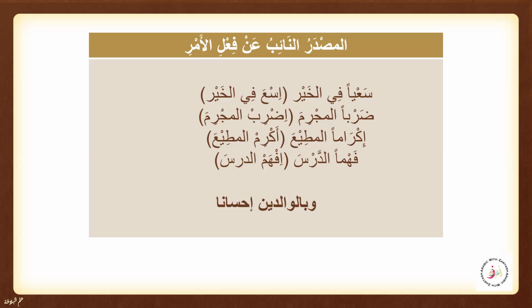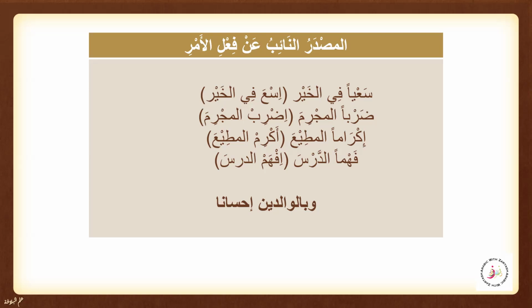A very beautiful example is the word ihsanan in the ayah bil walidaini ihsana, which is used in place of ahsinu. So here, instead of the command of fi'l amr, a masdar is used. وَبِالْوَالِدَيْنِ إِحْسَانًا.